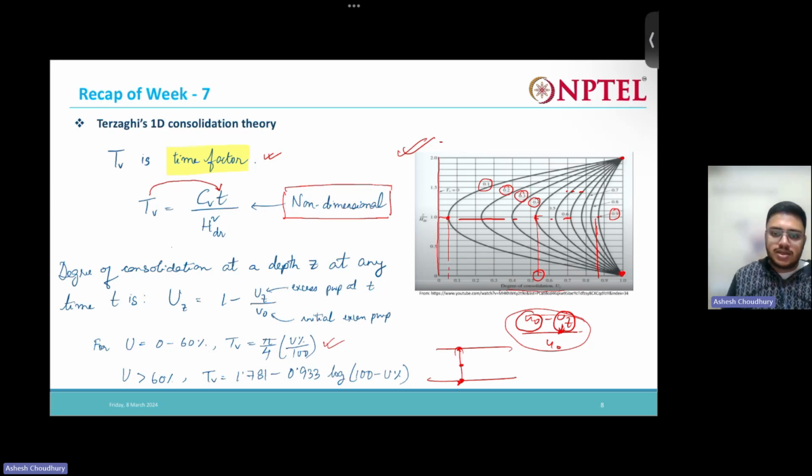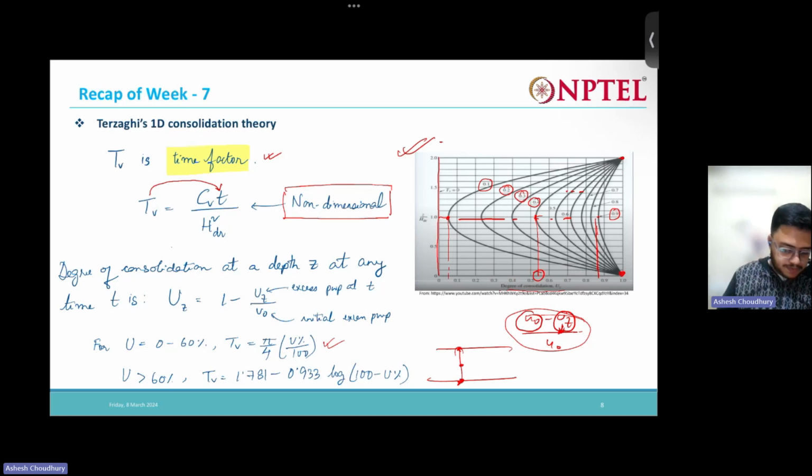What is happening actually is that as time passes, the time factor is increasing. As time passes, the pore water pressure gets more and more dissipated, that means more and more consolidation is happening. That's why the degree of consolidation at the point keeps on increasing.